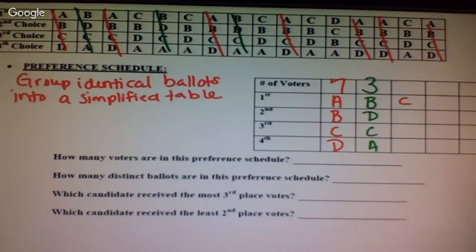My next one is C, B, D, and A. And we've got 1, 2, 3, 4, 5 of those, and we've got 6.